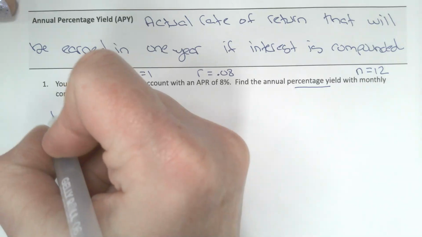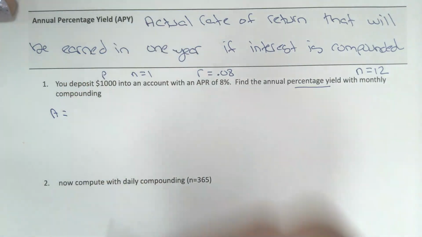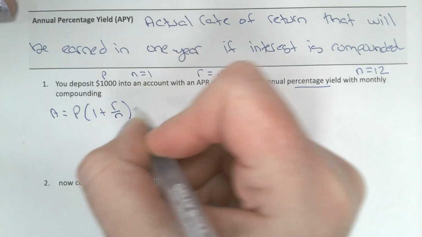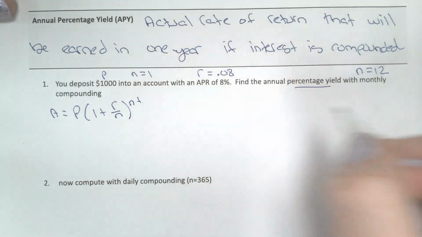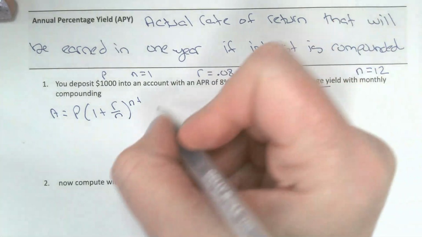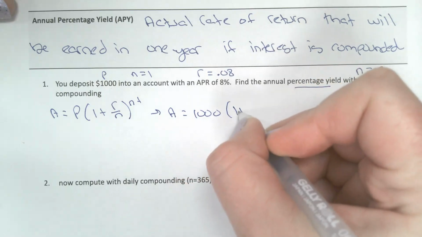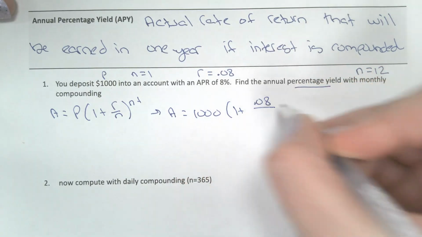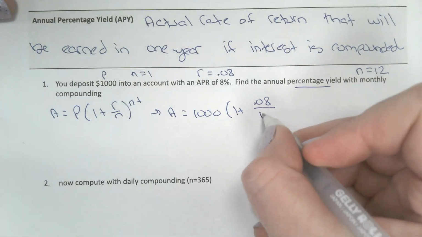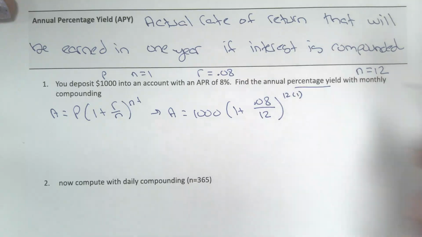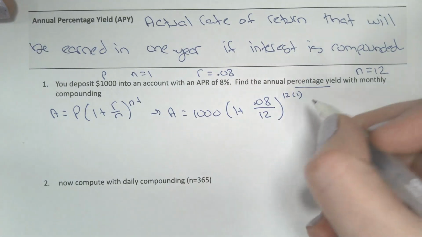All right, so I'm going to run my compound interest formula. A equals P times 1 plus R over N to the NT. So your principal is 1,000. My rate is 0.08. Now N is 12, to the exponent of 12 times 1, which is just 12.